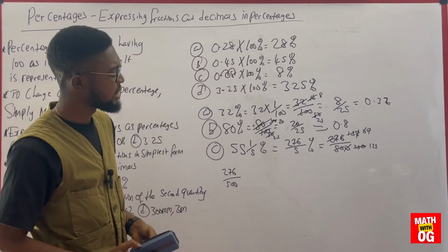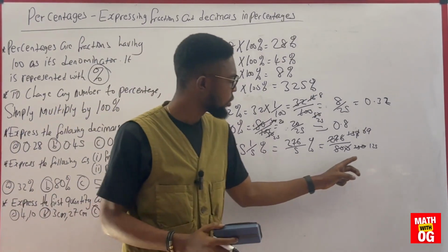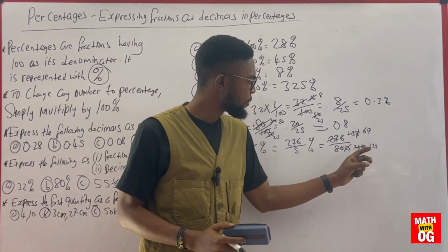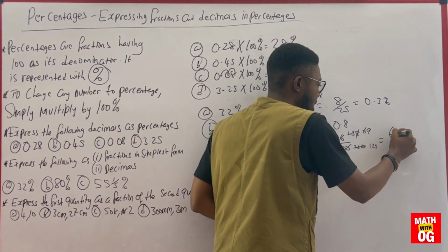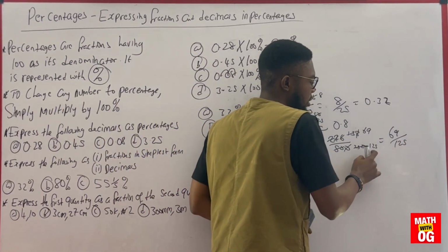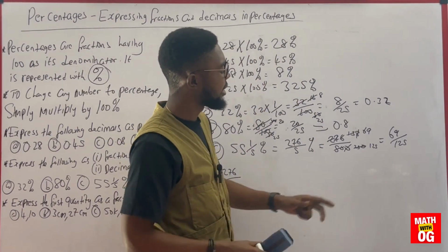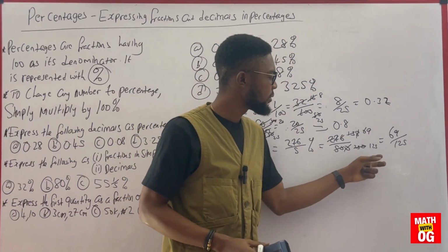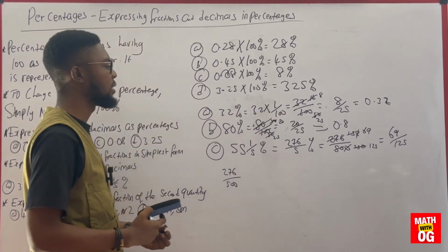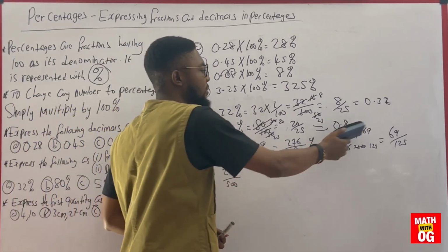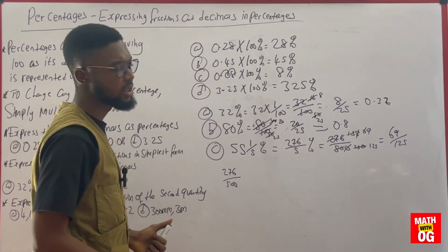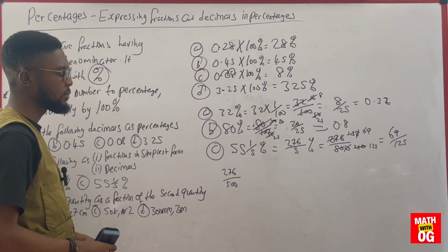I don't think anything can go again. 3 cannot go into this, 3 can go into this. So I think that's all. 69 over 125. The only numbers that can go into 125 are 1, 5, 25, and 125. And 5, 25, 125 cannot go into 69. So that's the number in its lowest form.